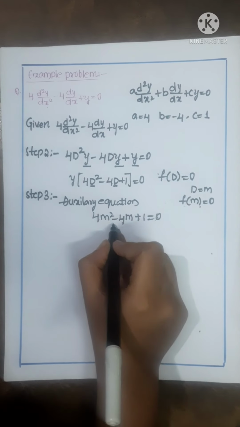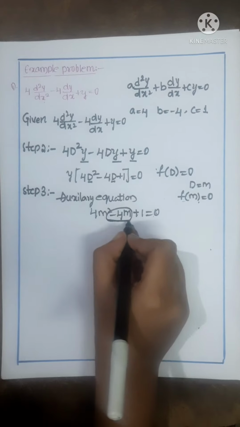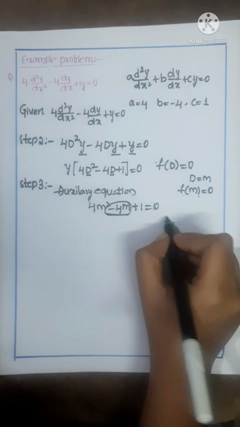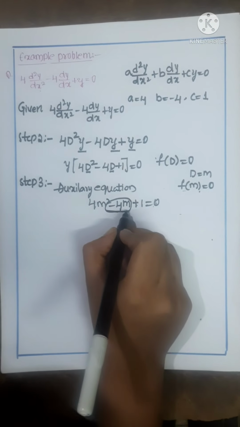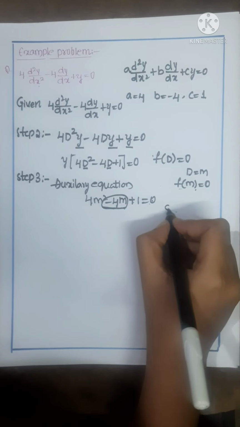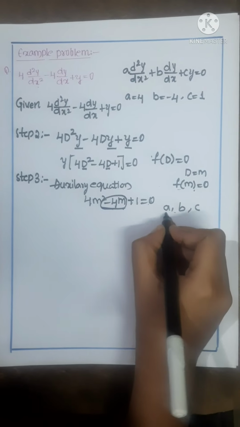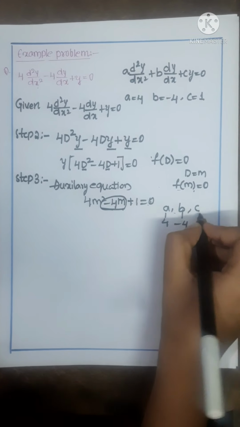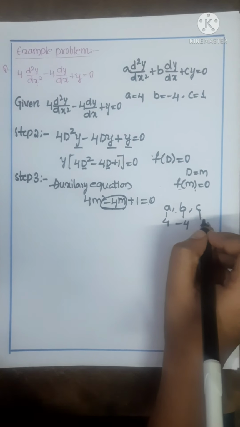To find the roots, we have to split the middle term into two terms. Here a, b, c are there. Here a is 4, b is minus 4 and c is 1.